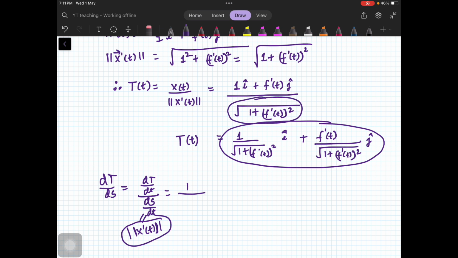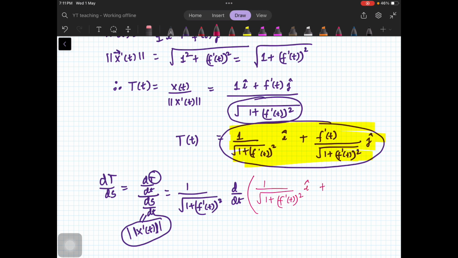So, we will write it as 1 upon square root of 1 plus f dash t squared, then the derivative of this T vector with respect to t.